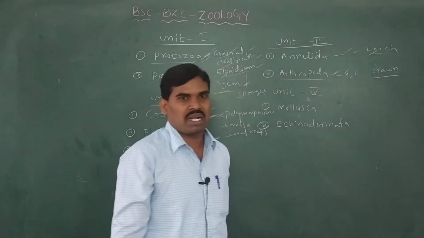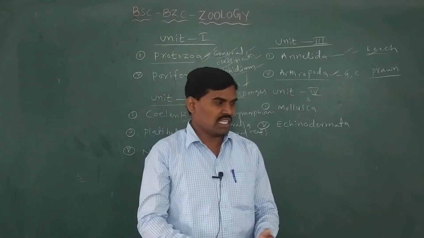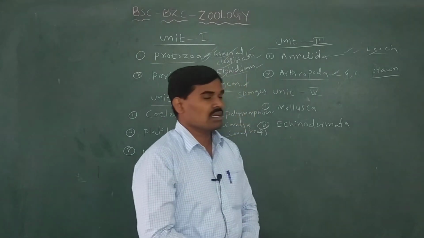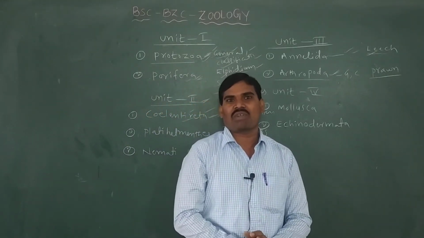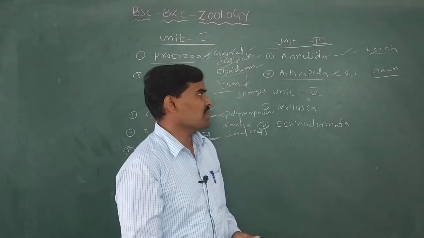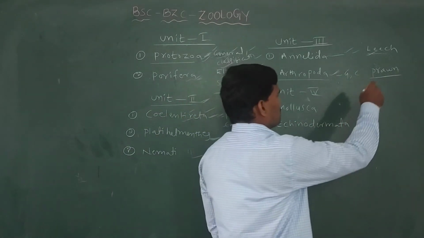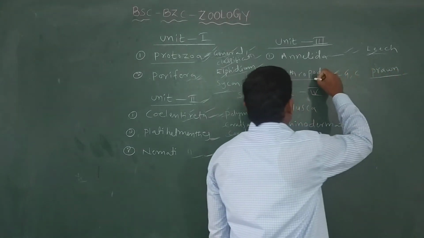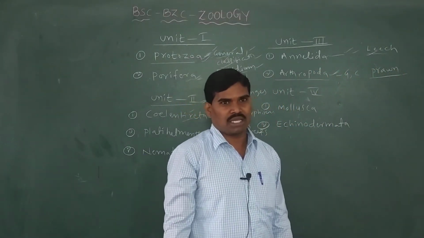For the prawn: the appendages, how many pairs of appendages, the respiratory system, digestive system, circulatory system, and reproductive system of the prawn, and the appendages of Peripatus. The external features of the appendages in Peripatus.